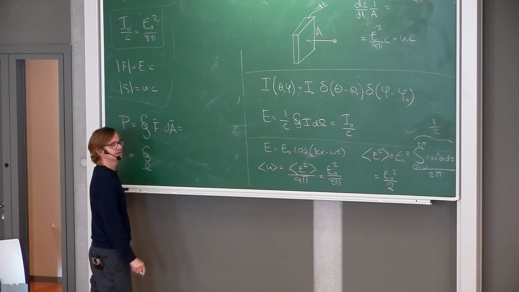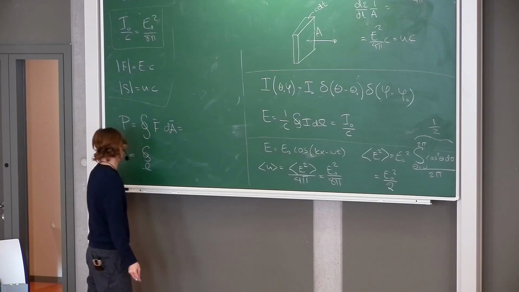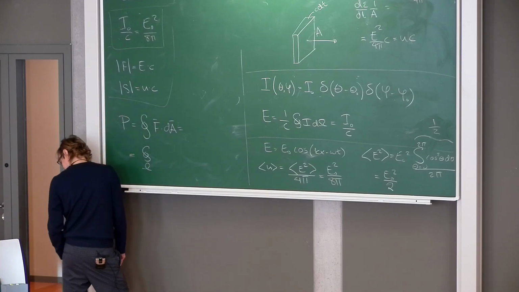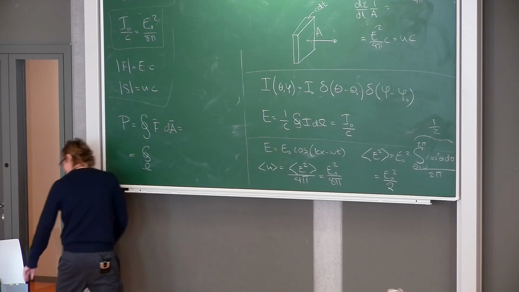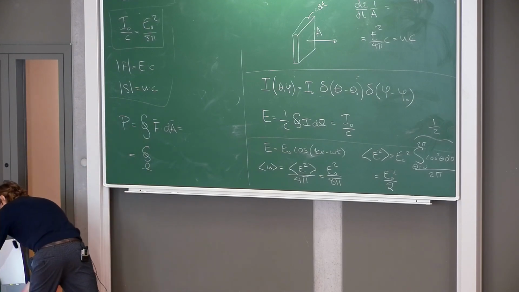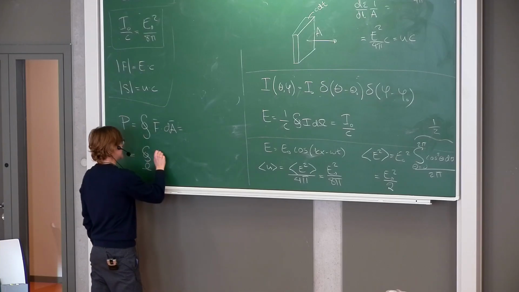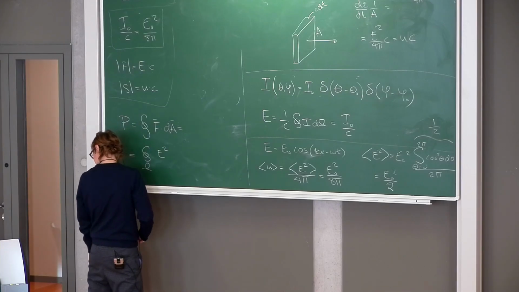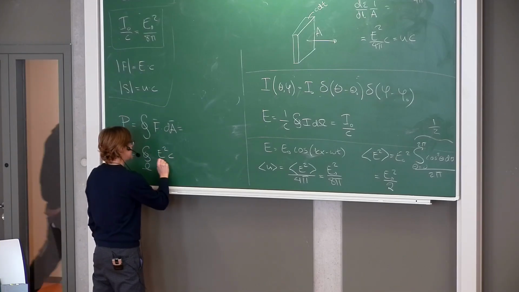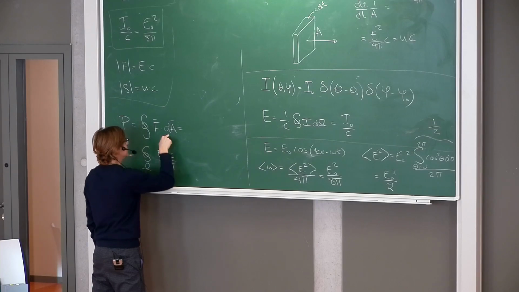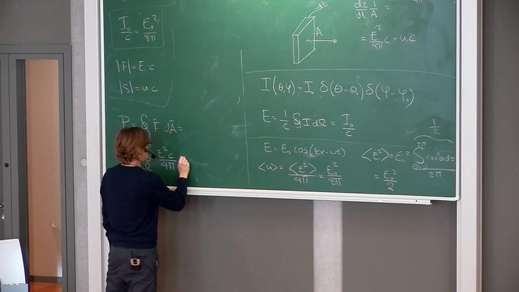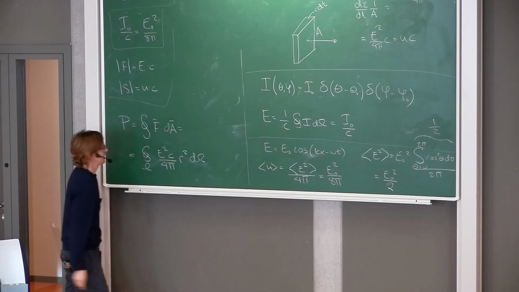The flux here will be the Poynting vector flux, which we had as E squared c divided by 4 pi, and then we have an R squared there and the omega.